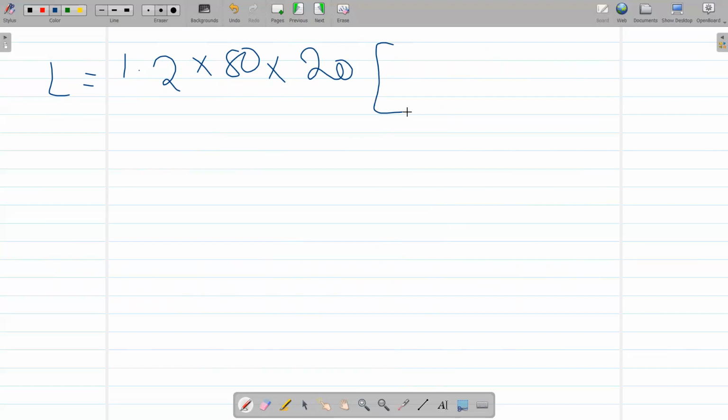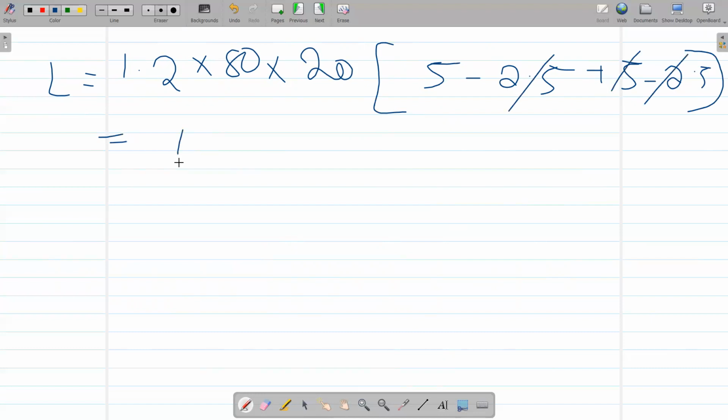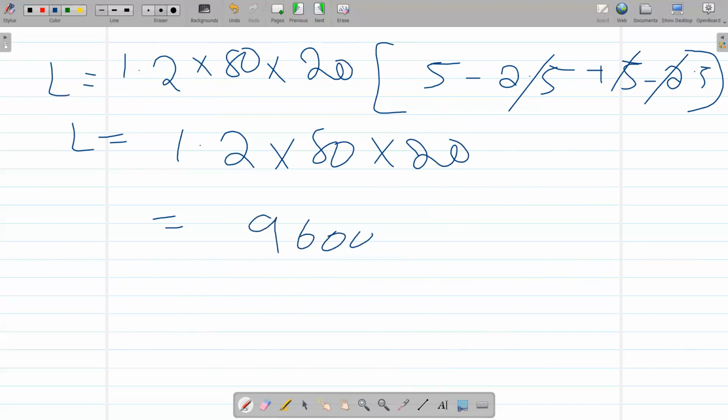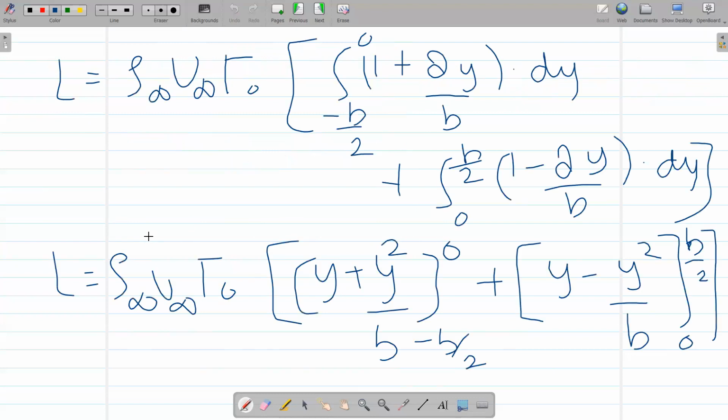So what I'll be left with is something like this: 5 minus 2.5 plus 5 minus 2.5. So 2.5 and 2.5 will add up to 5. So 1.2 into 180 into 20 is your lift in newtons. That's nothing but 9,600 newtons. That is the total lift over this entire wing.